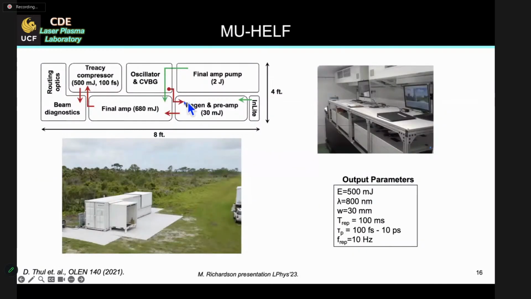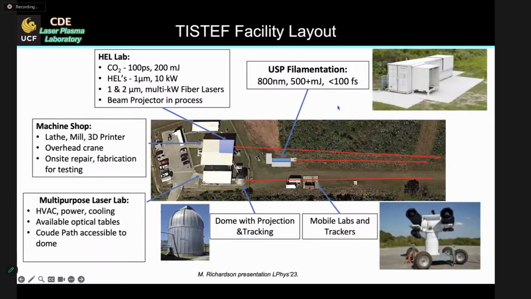The laser design here is almost a duplicate of the architecture of the system at UCF. It's smaller in extent and a little bit more limited in energy at the moment, 500 millijoules or so. But we have also now implemented on this system the same type of burst mode capabilities that we have in the laser on campus.